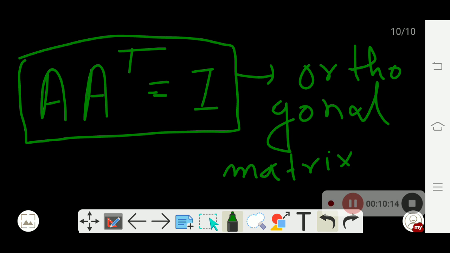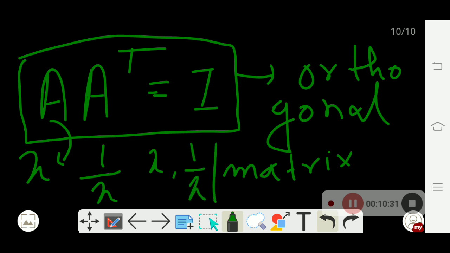Remember a property: if lambda is an eigenvalue of this matrix, then another eigenvalue should be 1 upon lambda. If there is a lambda, there will be a reciprocal of lambda as an eigenvalue of the given matrix, if it follows the orthogonality principle. Okay, easy.